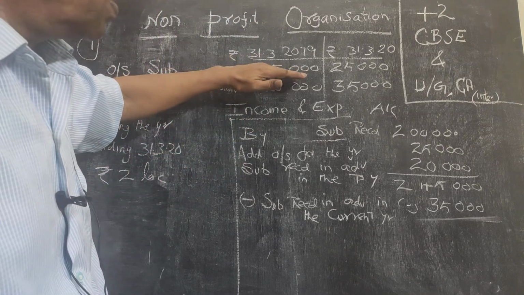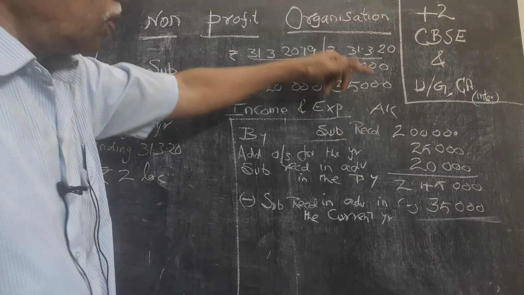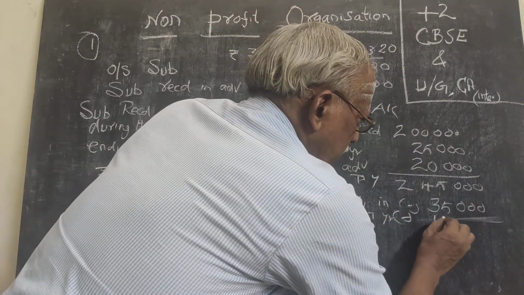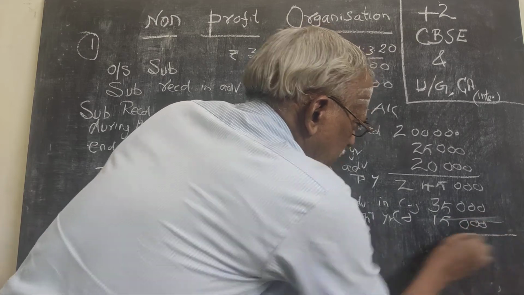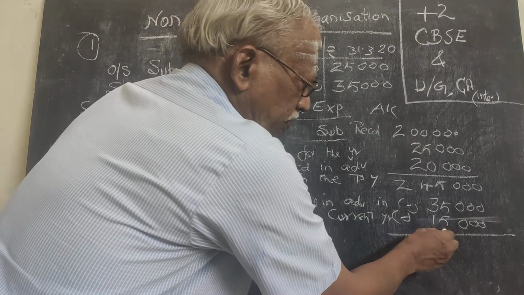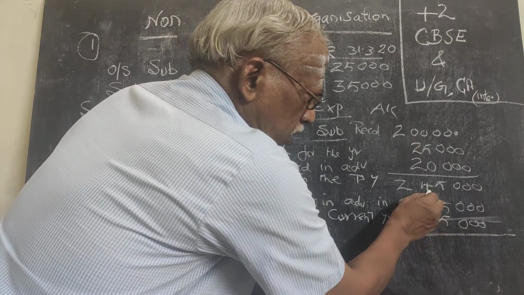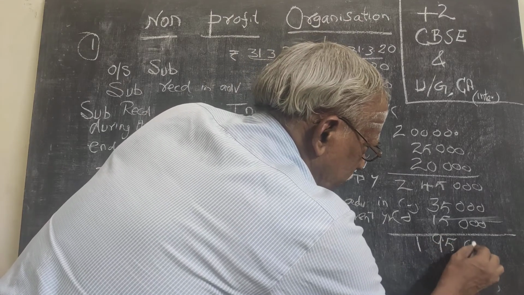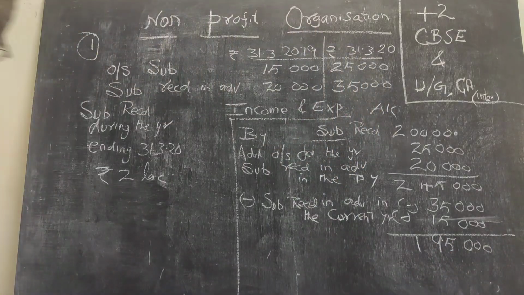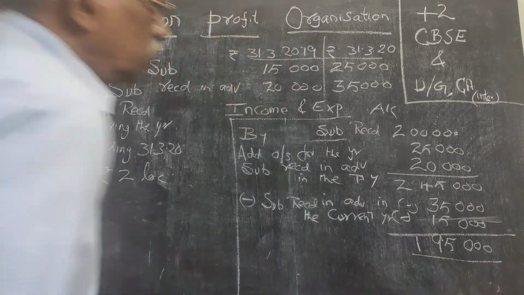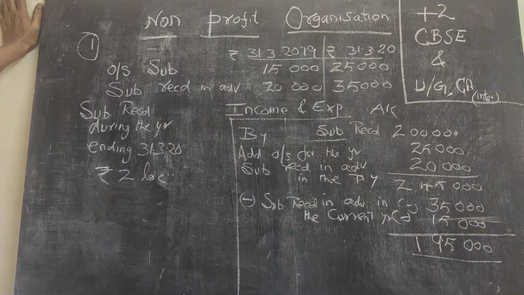So we can assume that the entire 15,000 is included in this 2 lakhs. So that is not for this year. This is pertaining to the last year. So both the amounts you subtract. 35 plus 15, 50,000. If you are subtracting 50,000, you will be getting 1,95,000. So 1,95,000 is the amount to be shown in income and expenditure account.